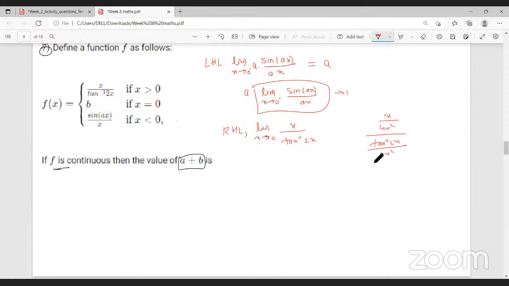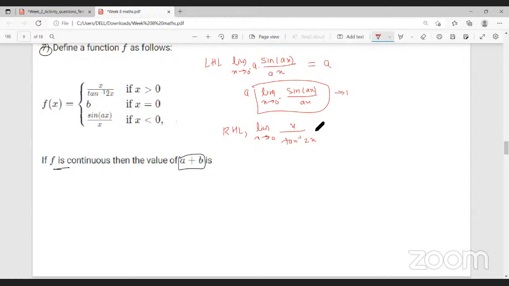Because we have to put it in the formula to apply the limit formula in the inverse function, tan inverse x upon x square. We have to convert it into a standard form, so that tan inverse x by x is 1.